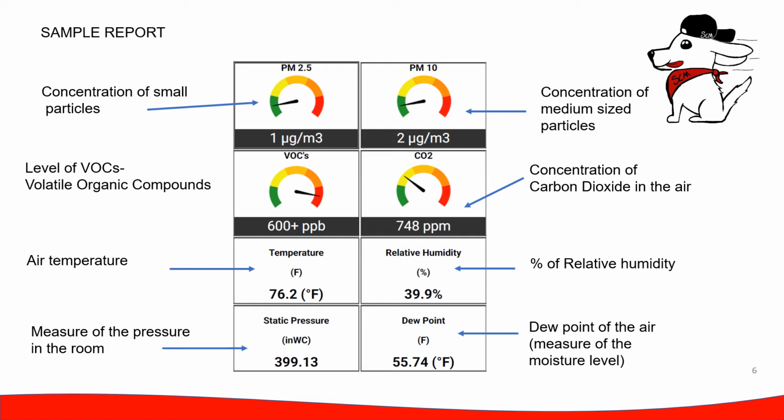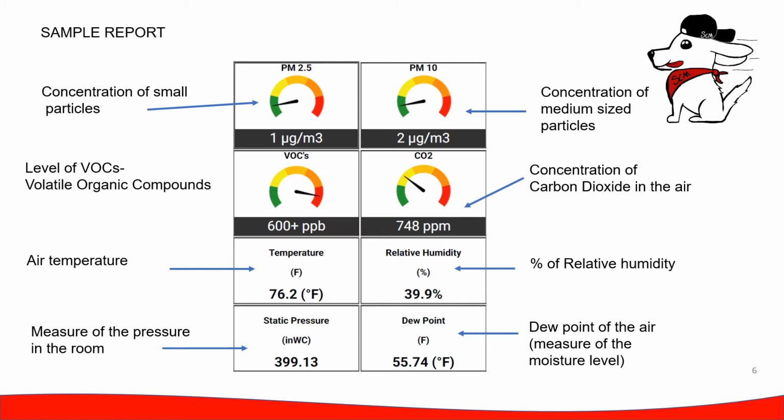So here we have approximately one particle of 2.5 micron size per square meter, which is a low level in the green. Not a concern area in this example. Similar on the 10 micron particle size on the top right, not a concern in this one either.